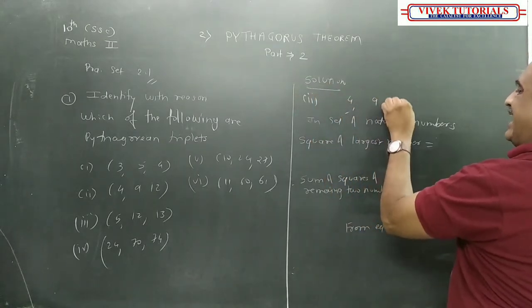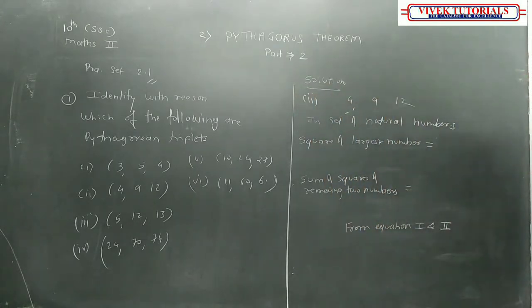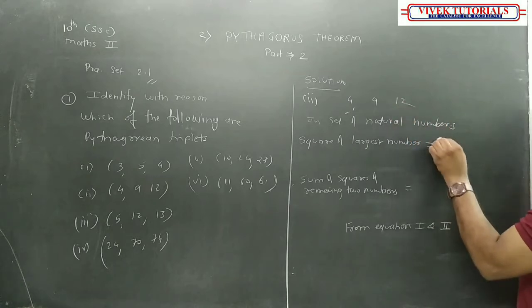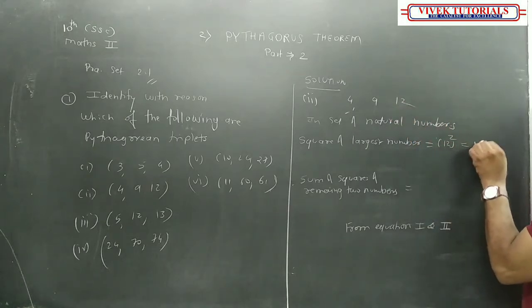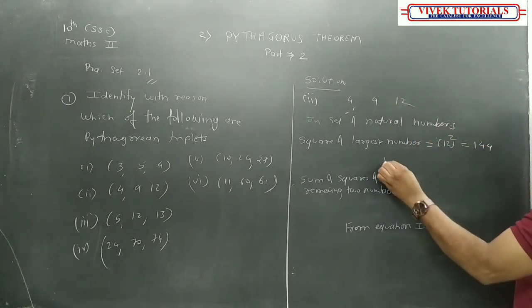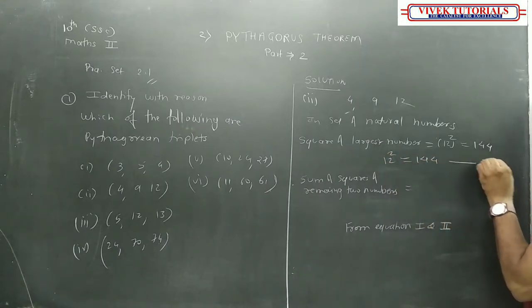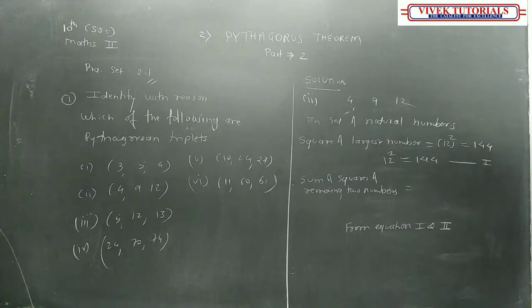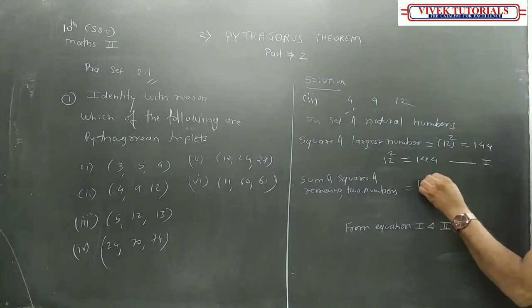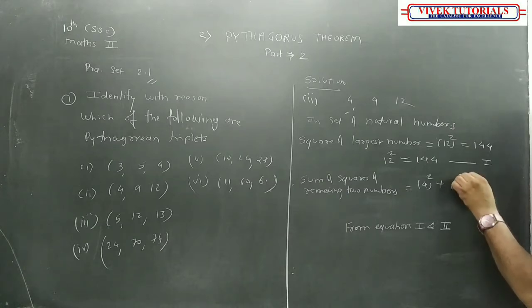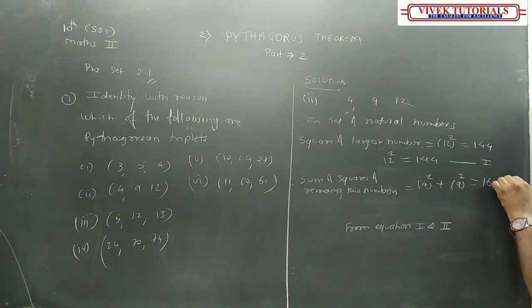4, 9 and 12. In the set of natural numbers, square of largest number is this one. 12 square is equal to 144, equation 1. The sum of the squares of remaining two numbers is nothing but 4 square plus 9 square is equal to 16 plus 81.